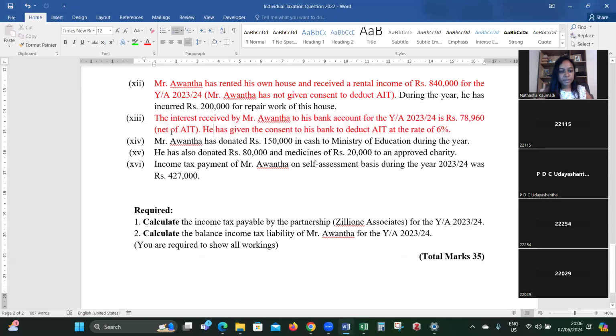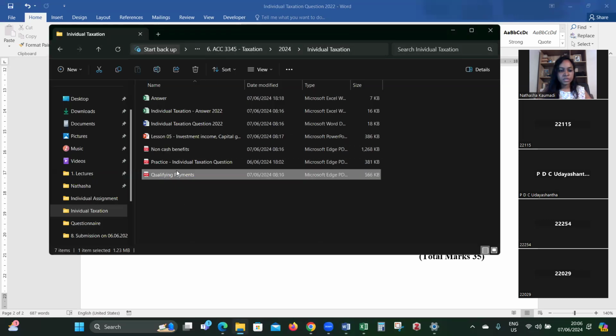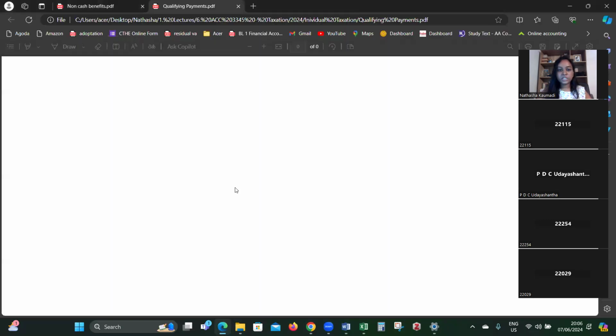Yes. Now here, Mr. Avantha has donated 150,000 in cash to the Ministry of Education during the year. A donation to the Ministry of Education means what? Donation to government. How are we going to adjust government donations?